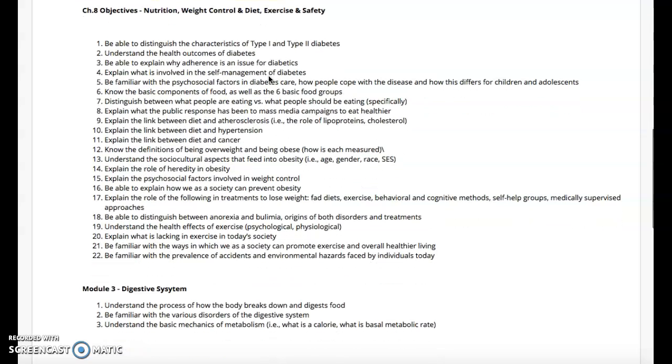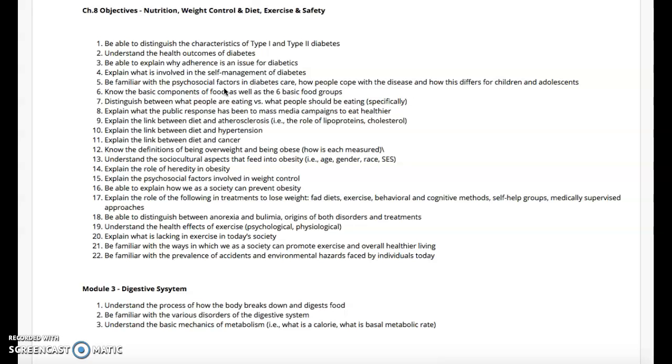And you'll want to be familiar with the various psychosocial factors in diabetic care. So here we're not necessarily talking about the medical care, right? We're talking about all the other things that have to do with the person who has diabetes.